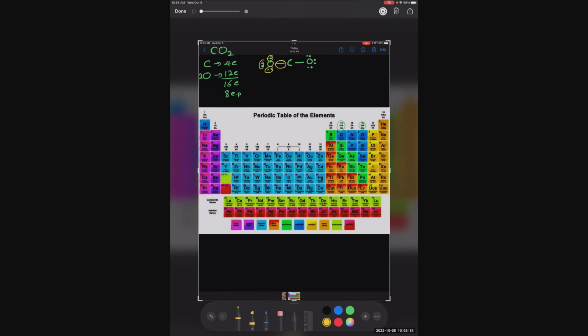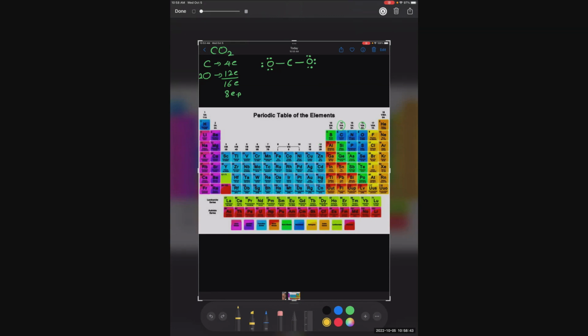That means 4 pairs of electrons, which means we have 8 electrons around oxygen. Same thing with the other oxygen as well, because we have 4 pairs of electrons, meaning 8 electrons around oxygen. So oxygens have fulfilled the octet rule.